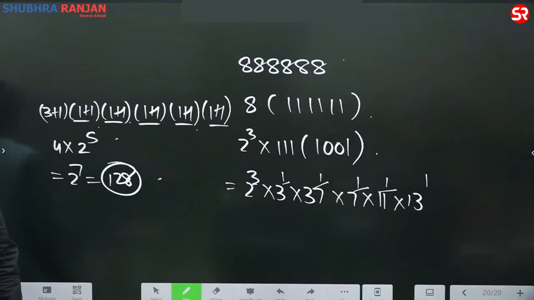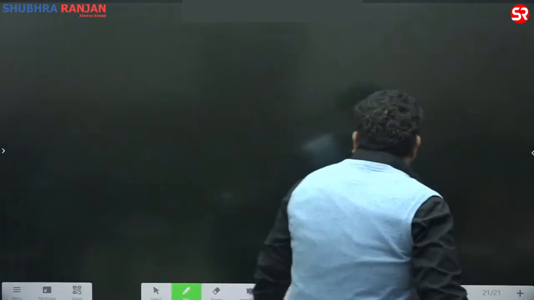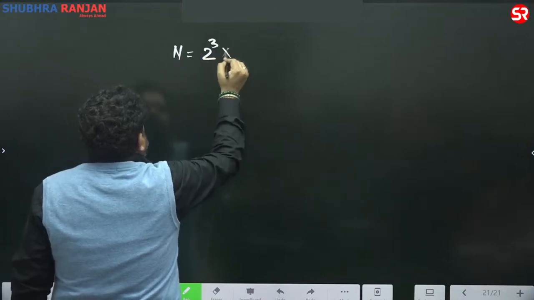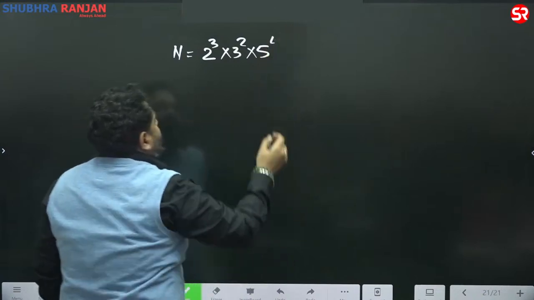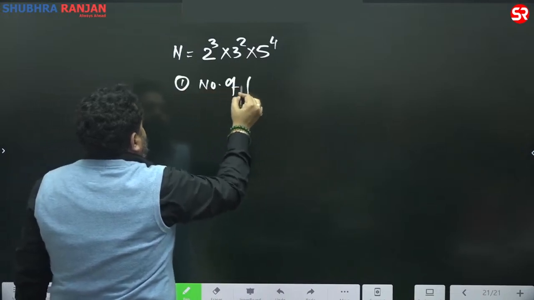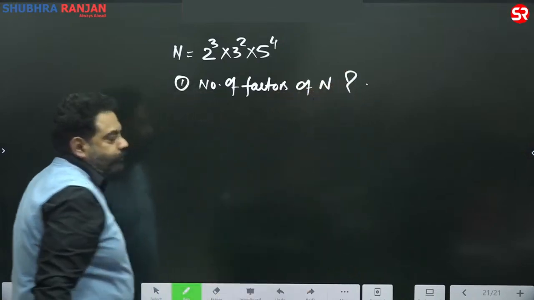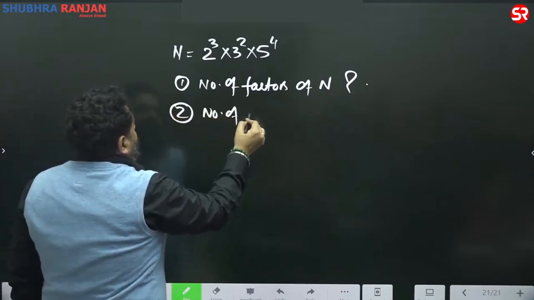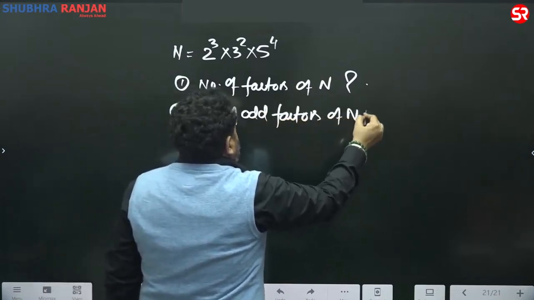Clear? Now though I think we are comfortable, so let's do one question. I have a number n, 2 की पावर 3, 3 की पावर 2, 5 की पावर 4, so let it be this much one, right? First, number of factors of n. Second, number of odd factors of n.